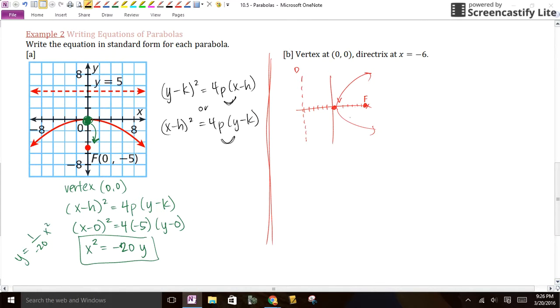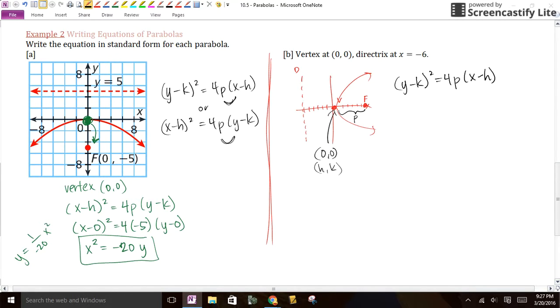So I notice that the p-value, right here is the p-value, moved in the x direction, so I want that top equation. I want y minus k squared equals 4p times x minus h. Now there's some stuff I already know. Like I know the vertex is 0, 0, so I can plug that in. That's your h and k, right? I know the p-value.